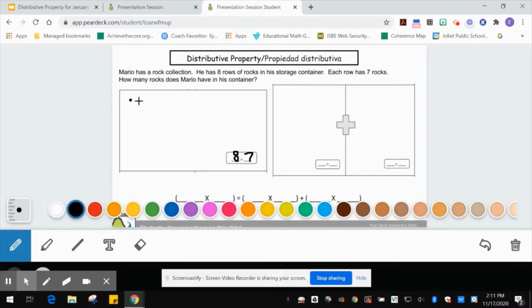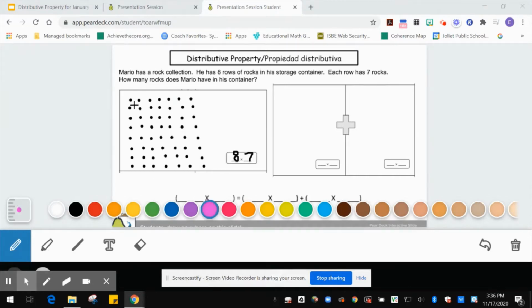So 1, 2, 3, 4, 5, 6, 7. They would continue until they have 8 rows. Now you can see in the box on the left that I have an array that is 8 rows of 7. 1, 2, 3, 4, 5, 6, 7, 8 rows with 7 in each row.